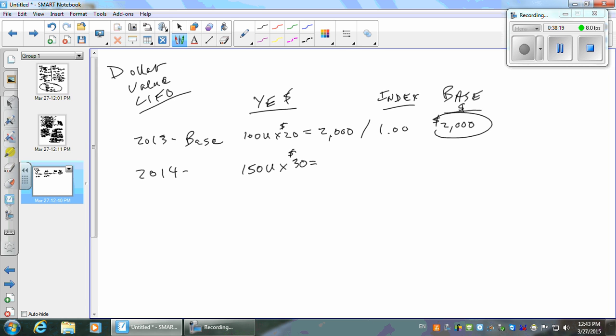That's how you get year-end cost of the inventory. That's not what we're going to put in our general ledger or on our financial statements. But we think this inventory, if we bought it now, would cost us $4,500. But what do I need to do with that? Bring it down to base year. How do you do that?